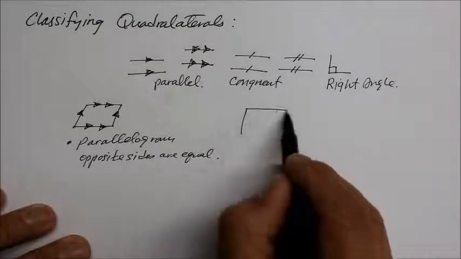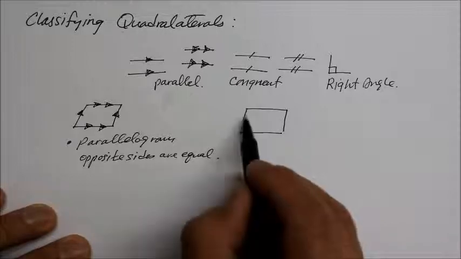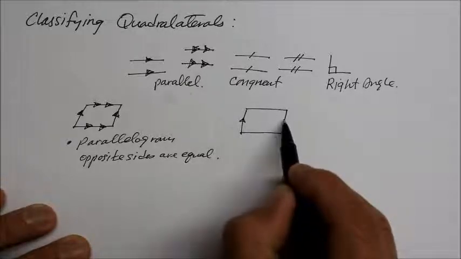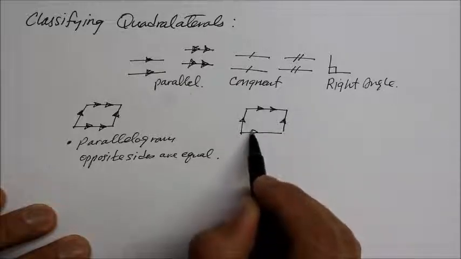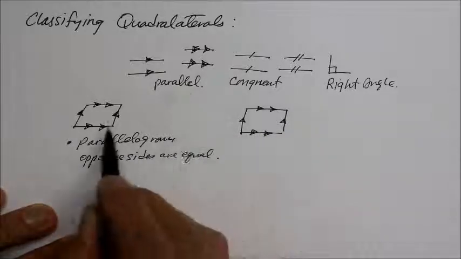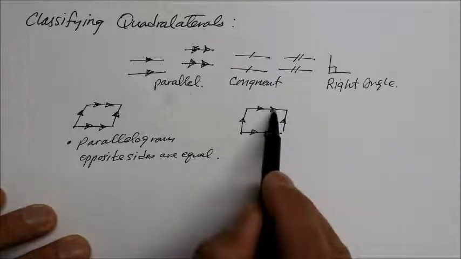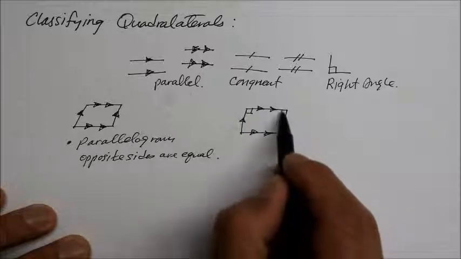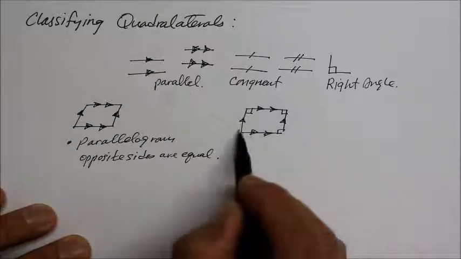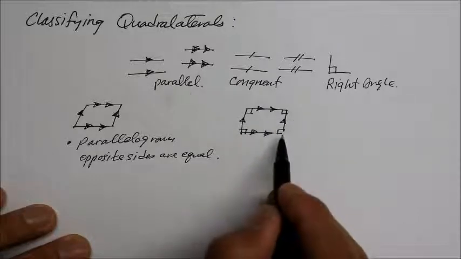Is this a parallelogram? Look at that. This is also a parallelogram because, just like this parallelogram, these two sides are parallel and these two sides are parallel, but this parallelogram also happens to have four right angles.